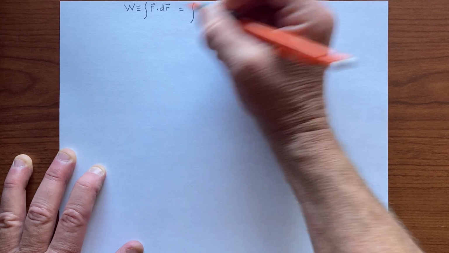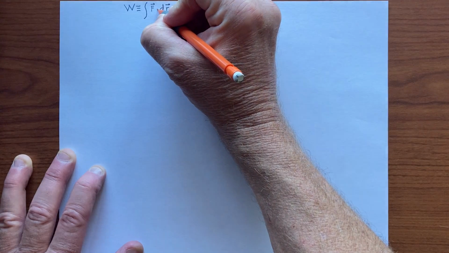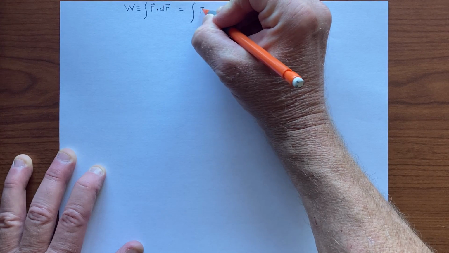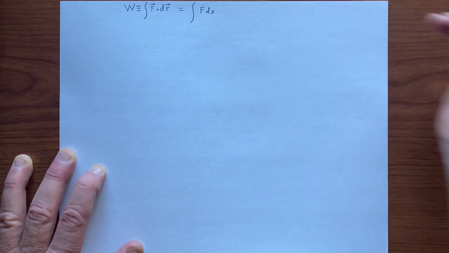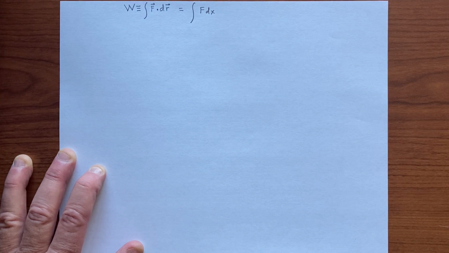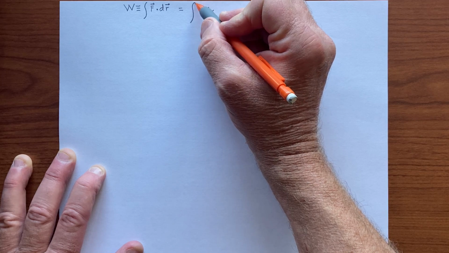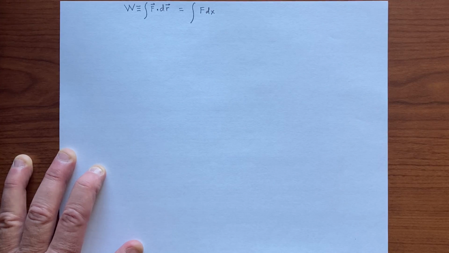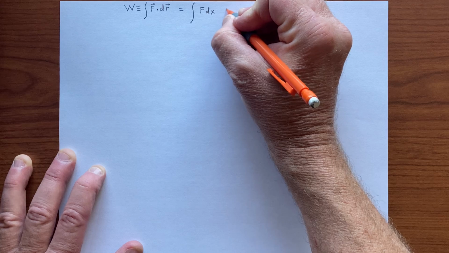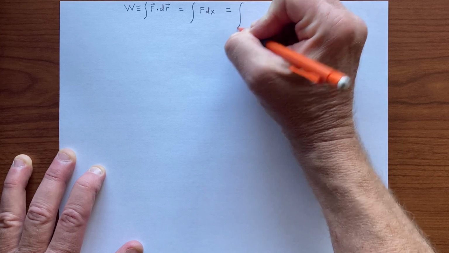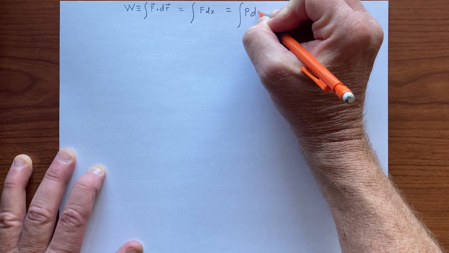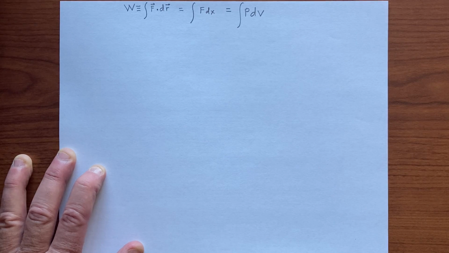We get rid of the vectors because of the dot product, and we can think of this as some force in the x direction, and we're going from some value of x to some other value of x. And this quantity is what we saw looks like P dV.